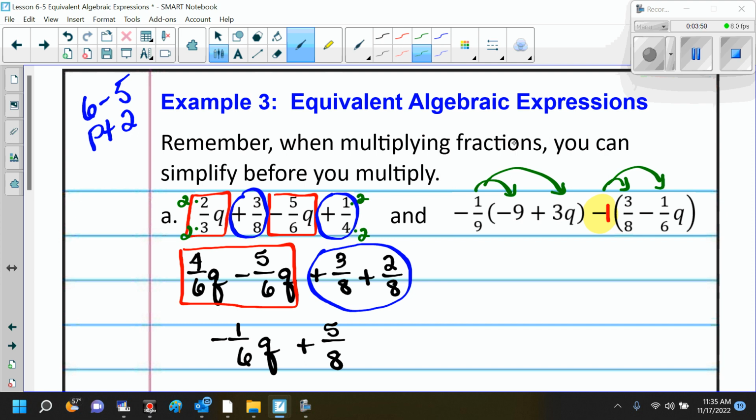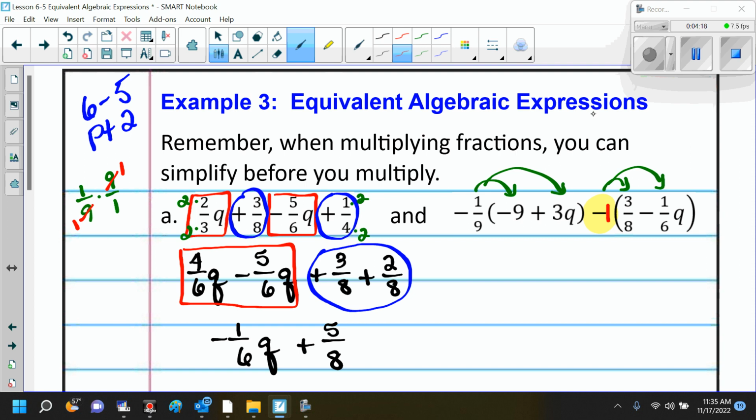All right. So now let's multiply. So we've got negative 1/9 times a negative 9. Now, if you can't see it, you can write your scratch paperwork on the side. So there's 1/9 times 9 over 1. Of course, what's that going to give me? A positive.